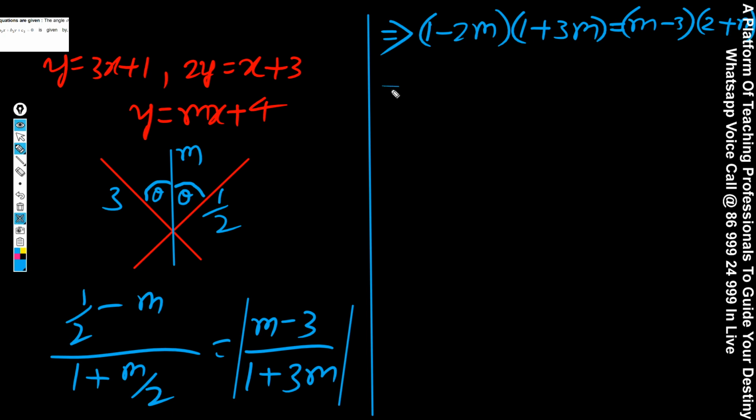I have not taken minus there, I have taken only plus. Let us check. This is 1, minus 2m plus 3m plus m minus 6m square is equal to m square minus 3m plus 2m minus m minus 6.